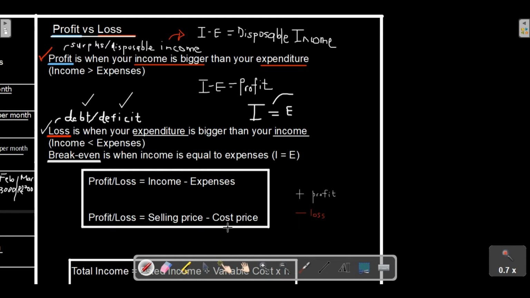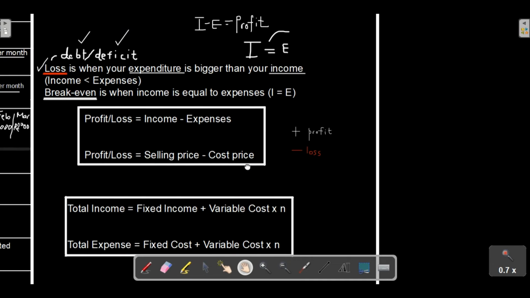So these are the equations that we use to calculate the profit or your loss. You use this formula: income subtract expenses, or selling price minus costs. This is used on a business level, and you can use it on a personal level.